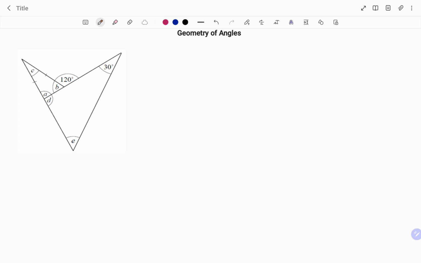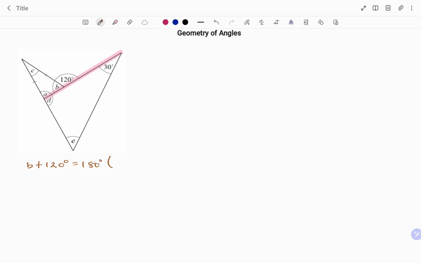In my last example, I have the two triangles merged as shown. And if you note, the line highlighted is a straight line such that I have angles B and 120 degrees emerging from the same point. So therefore, if I add angle B plus angle 120 degrees, that will give me 180 degrees.